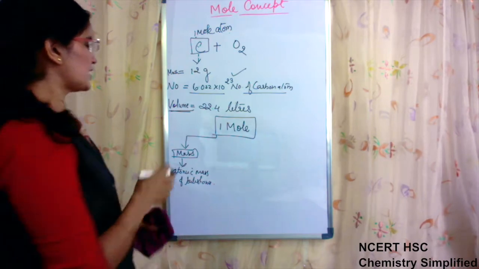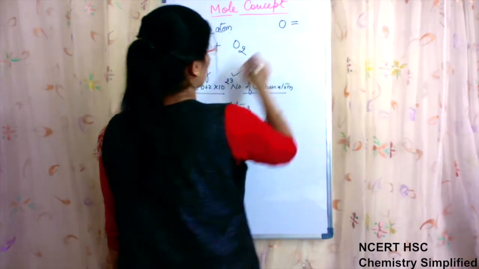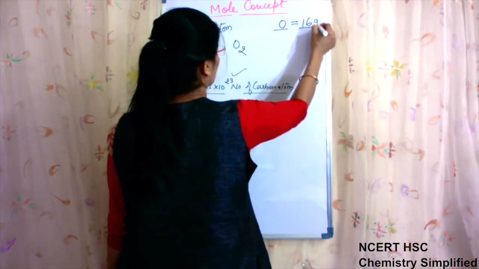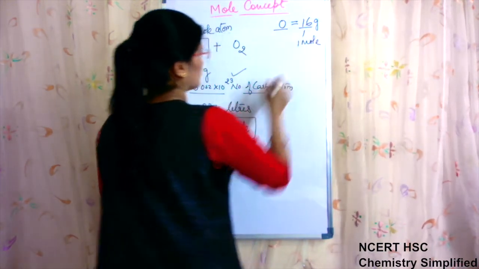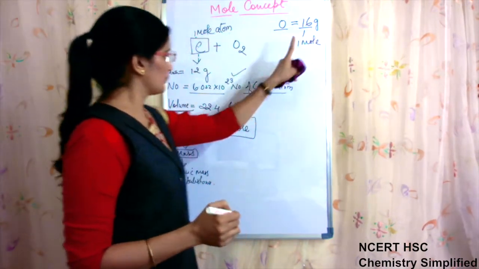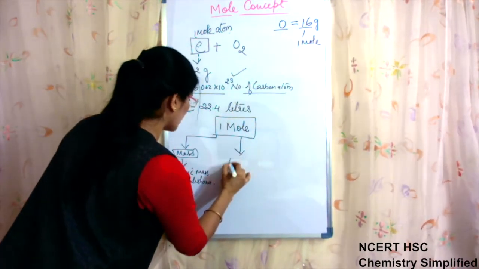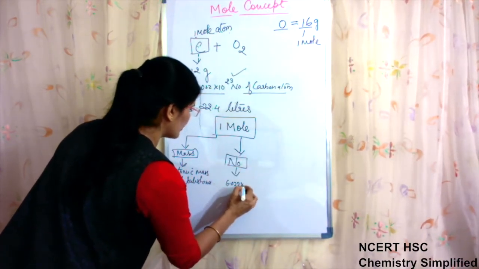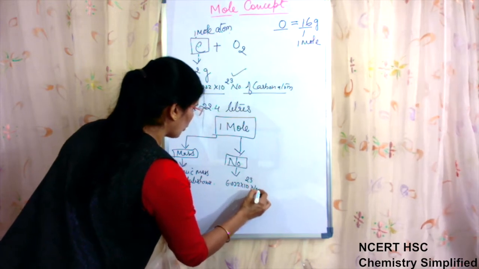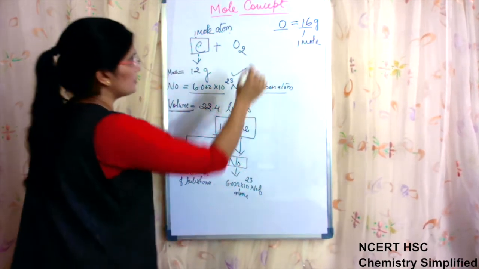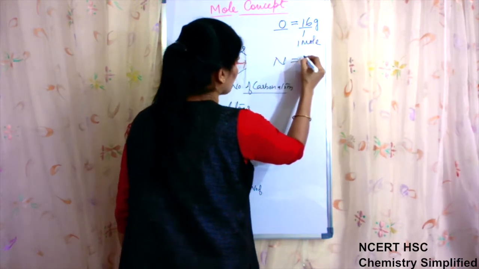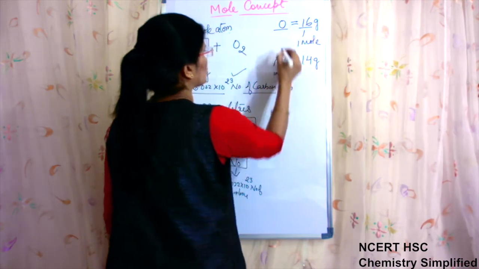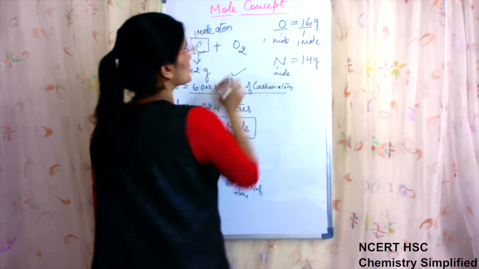For example, the atomic mass of oxygen is 16, so 16 grams is actually 1 mole. And this 1 mole in terms of number will have 6.022 into 10 to the power 23 atoms. If I write nitrogen, atomic mass is 14 grams. This is 1 mole of nitrogen. This is 1 mole of oxygen.